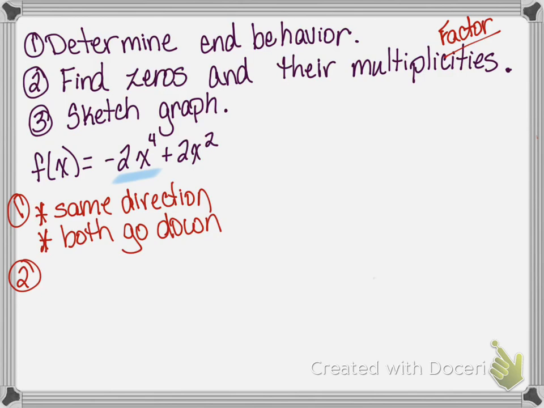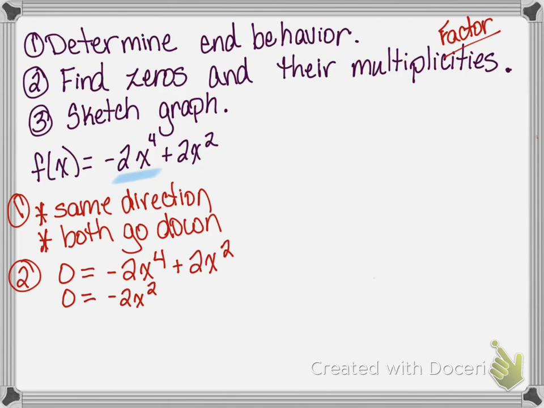So I've got 0 equals negative 2x to the fourth plus 2x squared. I am going to factor out a negative 2, and I'm going to factor out an x squared.